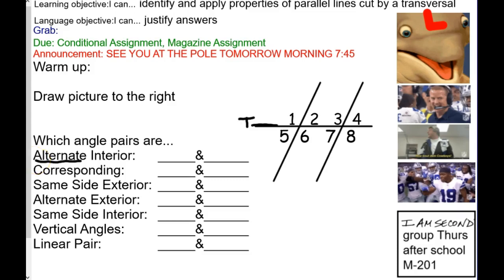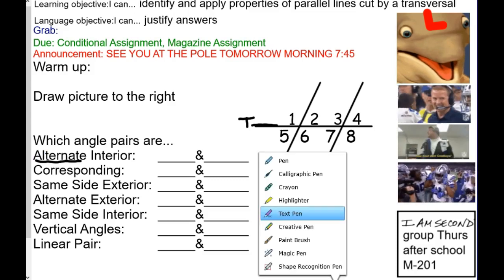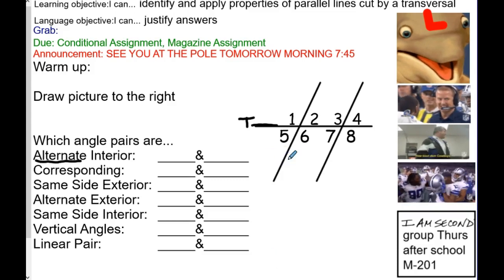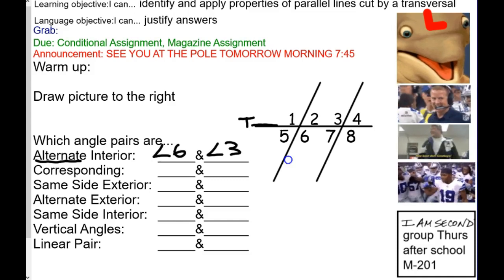Pay attention, please. So 6 and 3, yes. So 6 is interior, 3 is interior. So we're going to put 6 and 3. Cool? They're both inside the parallels, but on opposite sides of the transversal.